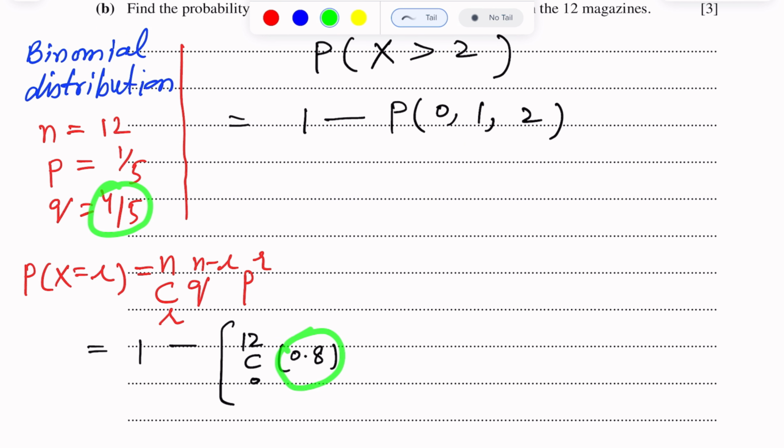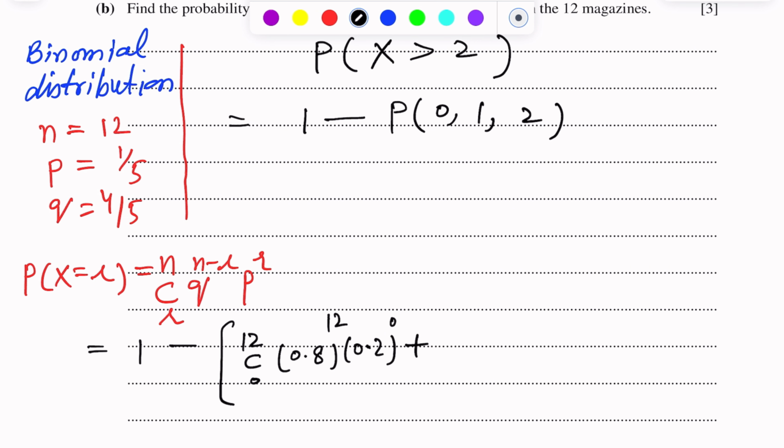We can write in decimal 0.8 power 12, 0.2 power 0. Next we will take this value of X, 12C1, Q power 12 minus 1 that is 11, 0.2 power 1.